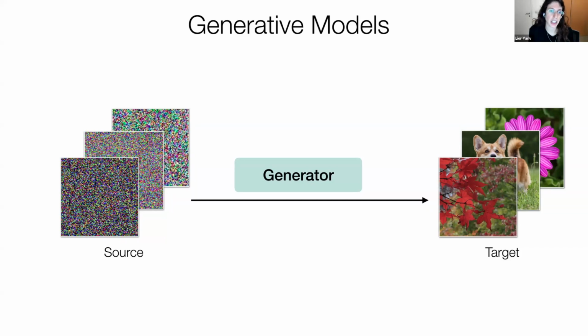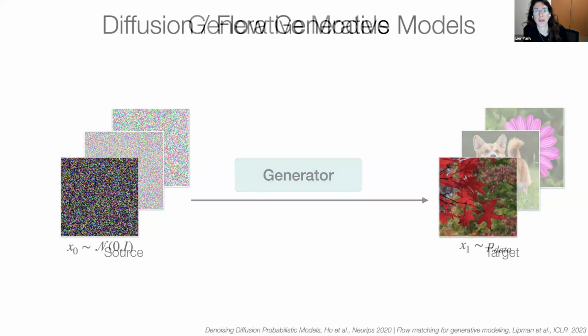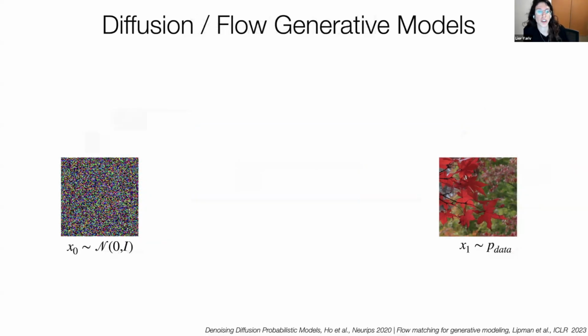Let's say, for example, that the target distribution is natural images. So specifically, we're going to focus on a certain family of generative models, which are diffusion or flow generative models. I will refer to both of them as equivalent, because they have the same idea of how we want to train them. The idea is illustrated here in this slide.